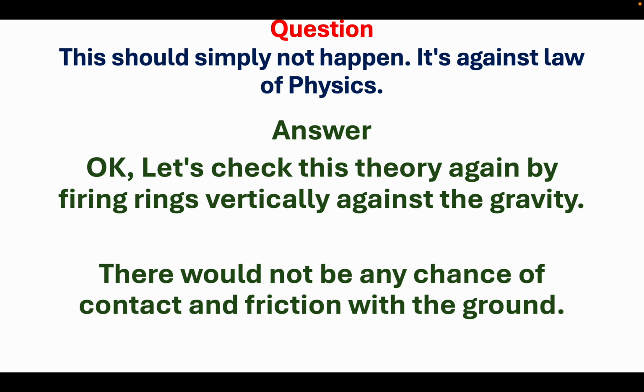Okay, let's check this theory again by firing rings vertically against gravity. If we fire these rings vertically against gravity, then there will be no chance of any friction with the ground.